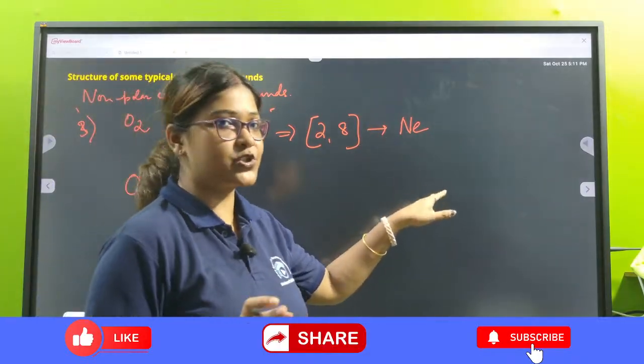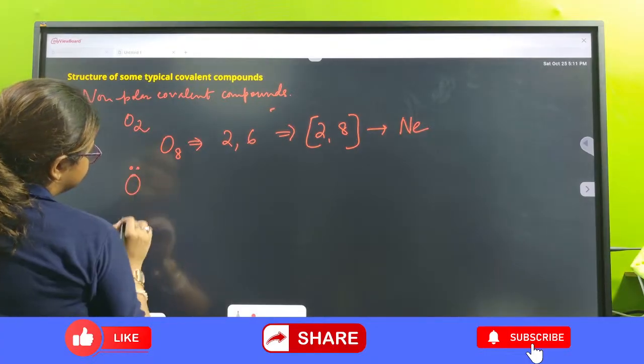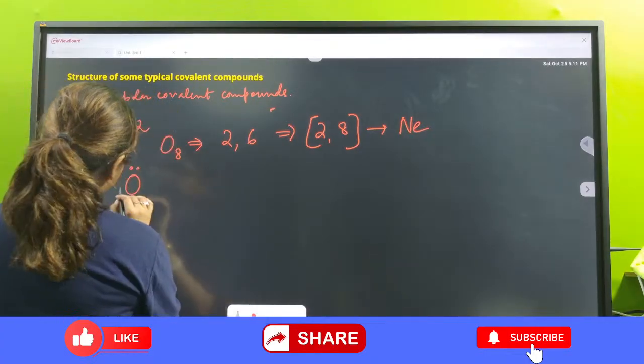Of the nearest noble gas, neon. So oxygen has 6 electrons in its outermost orbit.